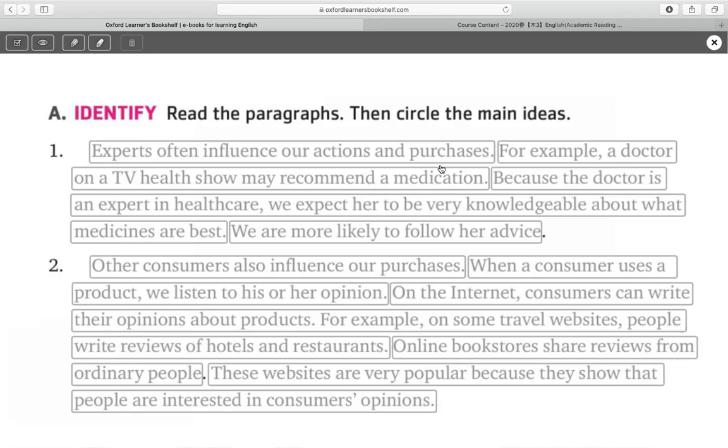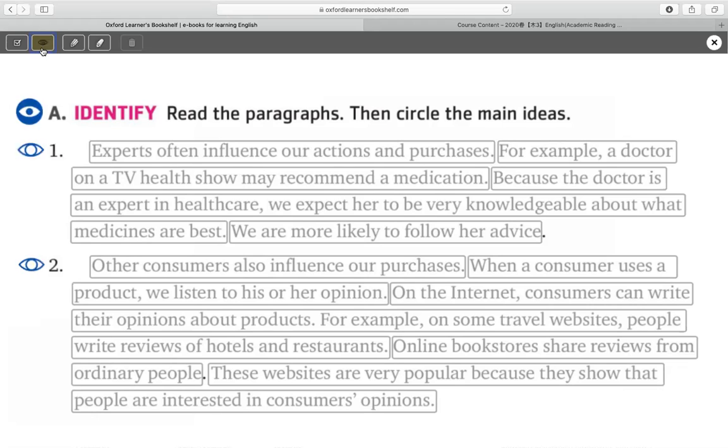So here is a sample paragraph. In this sample paragraph, first thing we do is we look for the first sentence. Experts often influence our actions and purchases. So experts, it is talking about in more general. Then it is going to give you an example. For example, a doctor. So from this, now you can guess what is the main idea of this paragraph.